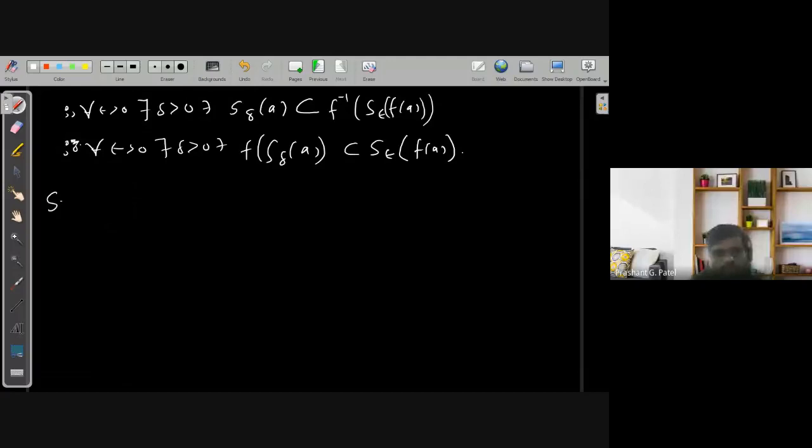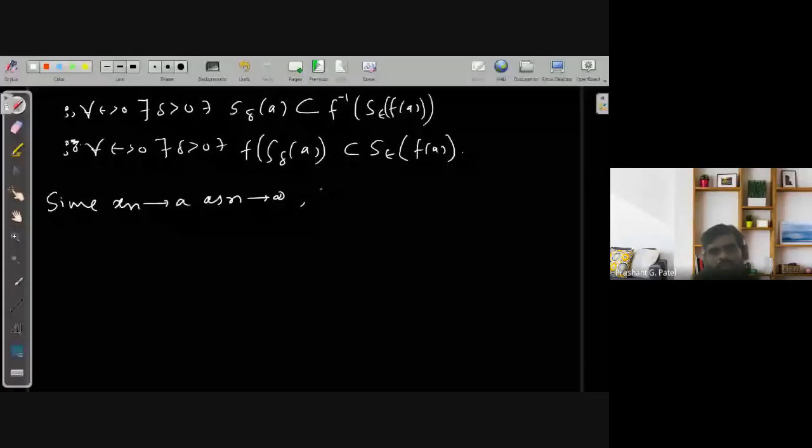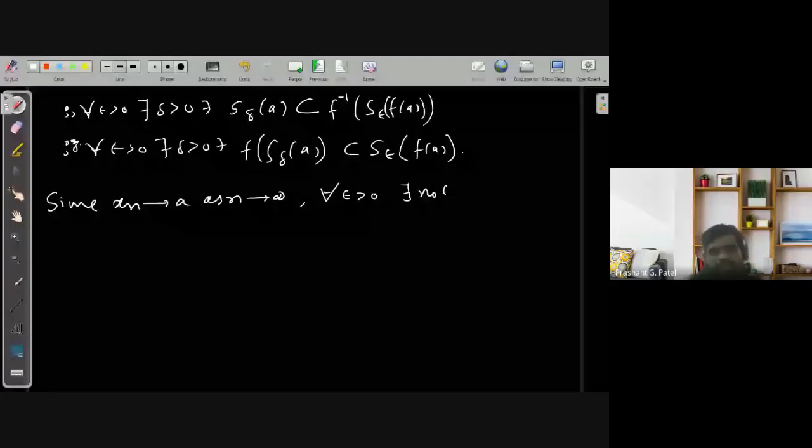Also given that xn converges to a as n tends to infinity, we can say that for every epsilon greater than 0, there exists n0 belongs to N such that xn belongs to S epsilon of a for every n greater than or equal to n0.